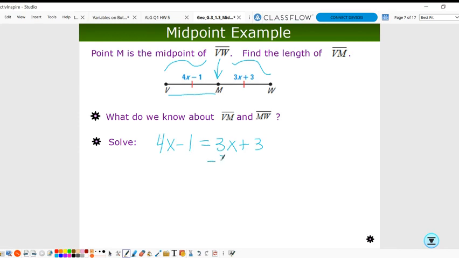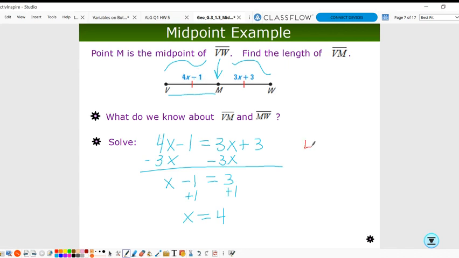I like to move my smaller variables to the other side of the equal sign to combine like terms. And then move my constants. And we'll get an x value of 4. We want to find the length of VM, so I'm going to take my 4 and plug it into my expression up here.